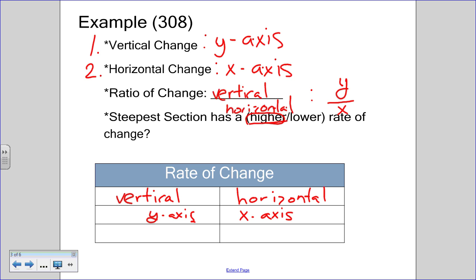Another way to think about rate of change is to say your dependent over your independent variable. Those are some terms that you're going to want to keep in mind as we go throughout this unit.